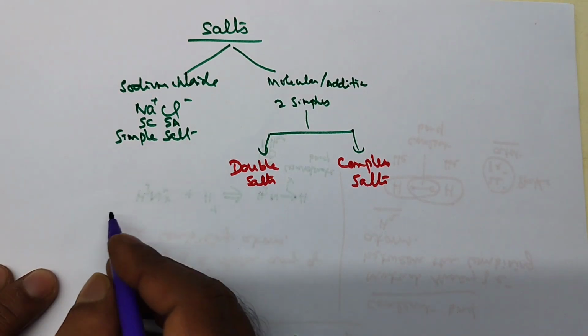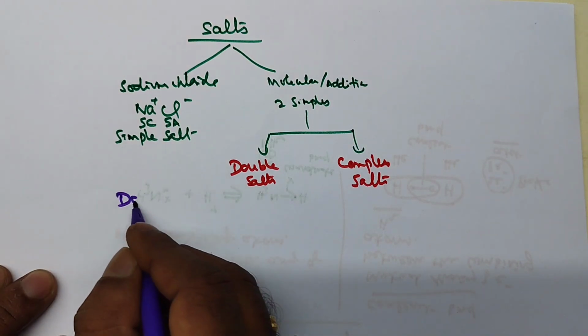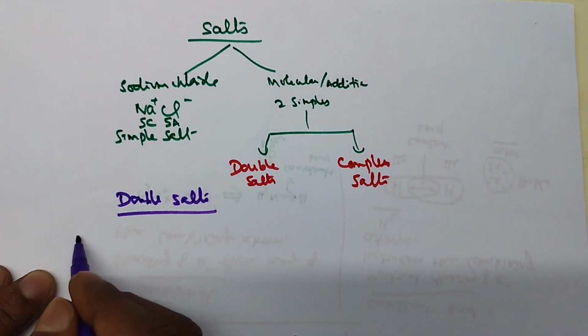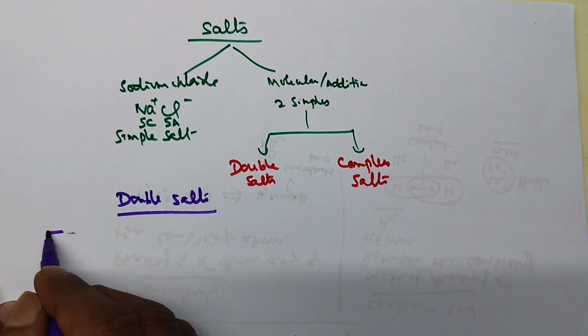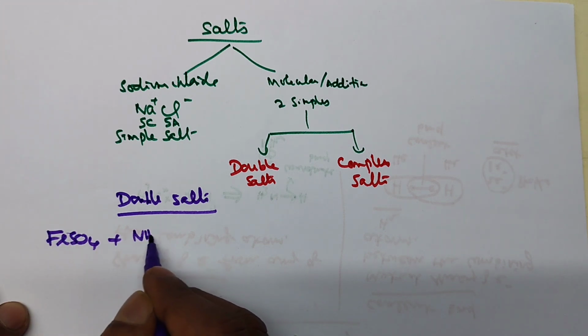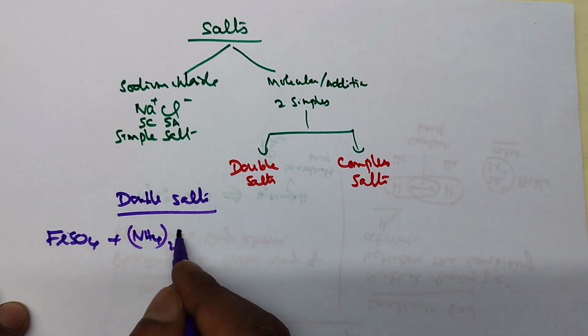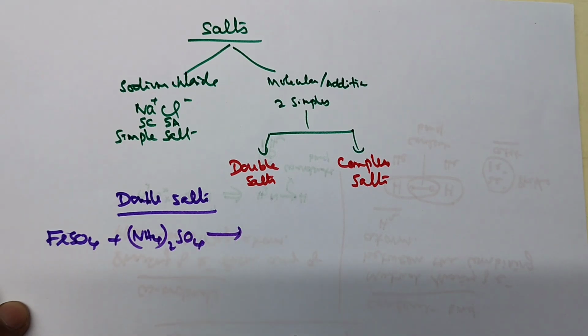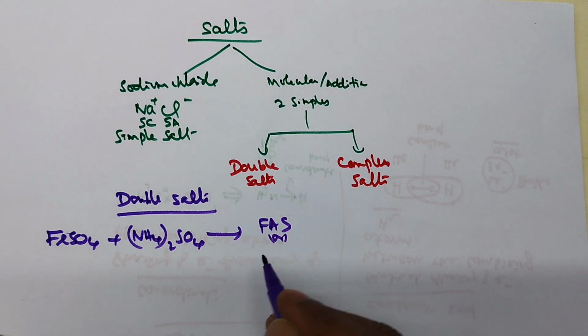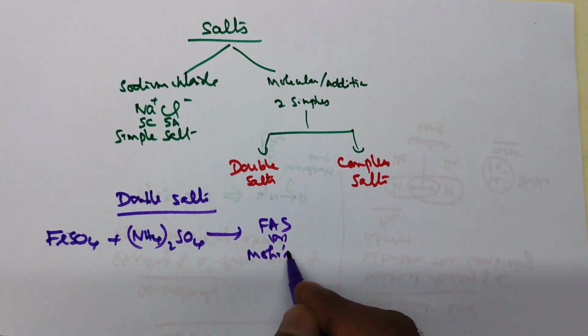First we will take double salts. For example, you can take ferrous sulfate, FeSO4, plus ammonium sulfate. These two simple salts on crystallization give a double salt, that is FAS, or Mohr's salt.